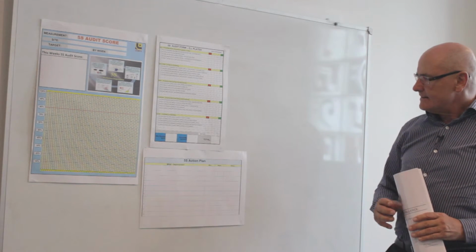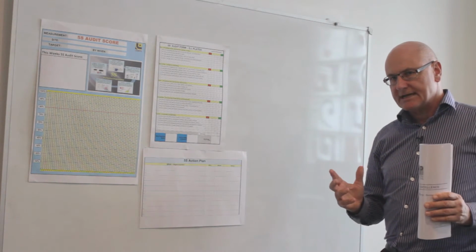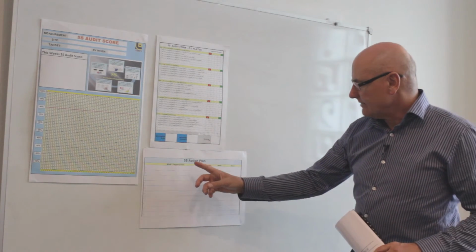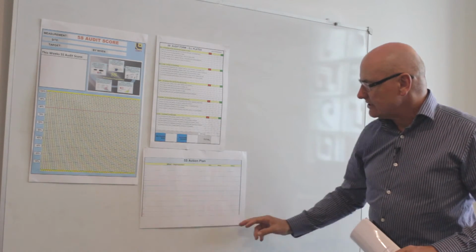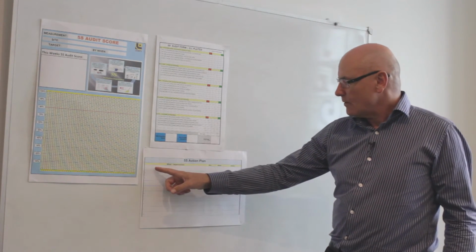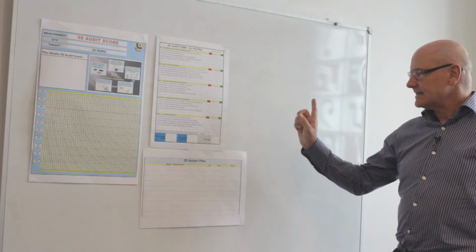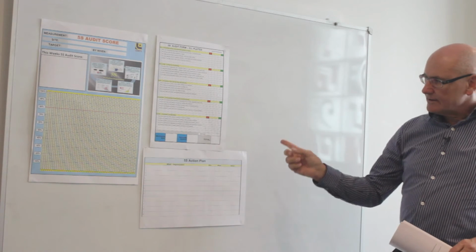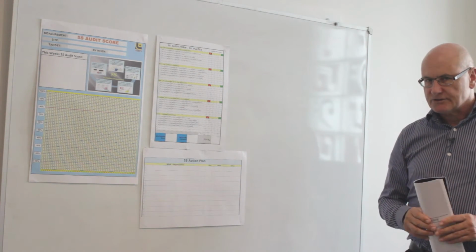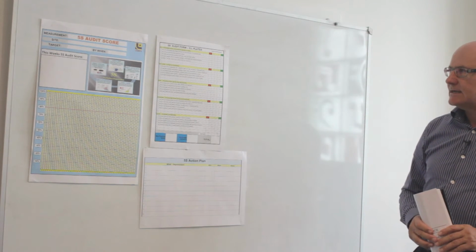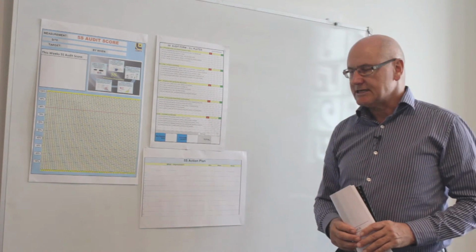As a team, they then decide what the improvement action plan will look like, and they locate that on a chart simply below the audit sheet, and that describes what will be improved, who will improve it, when. And when that item is completed, you simply tick that the status is now complete. And by following that process of weekly 5S audits, you'll ensure that continuous improvement in 5S is achieved.